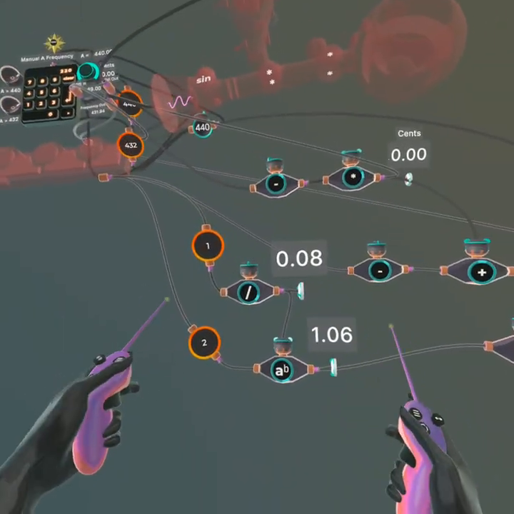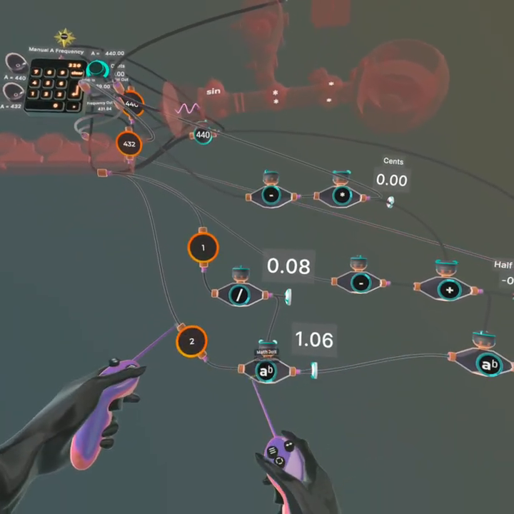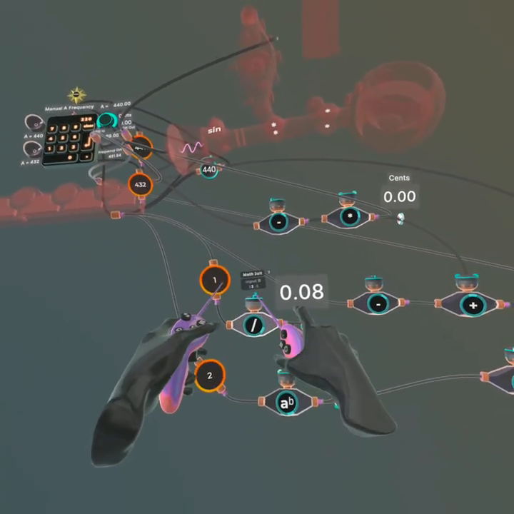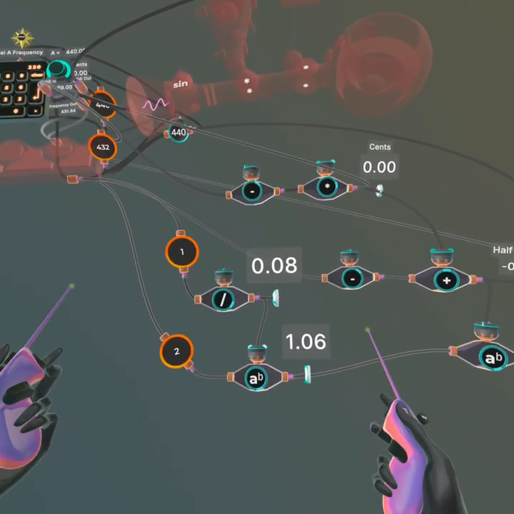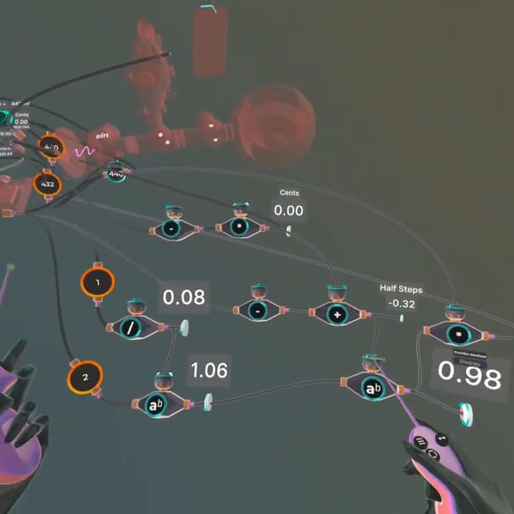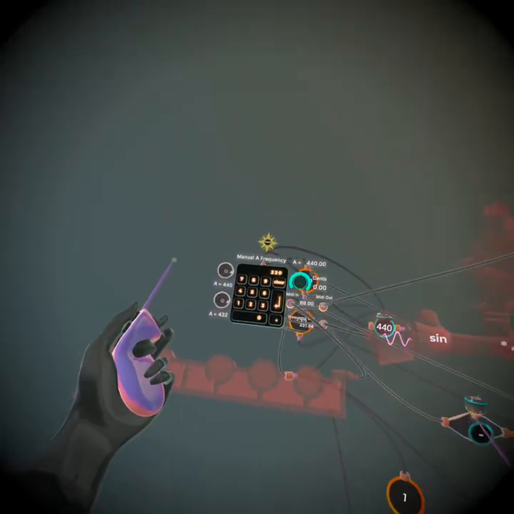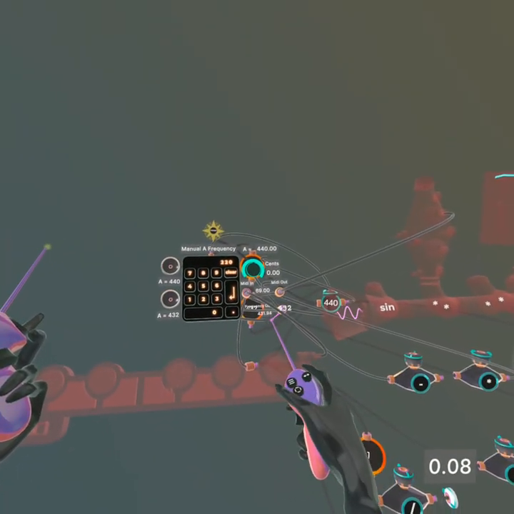This number is just 2 to the power of 1 divided by 12, which is essentially breaking up the distance of the 12 half steps evenly in frequency. This is the ratio. So then it spits it out, and that gives us our final frequency out.